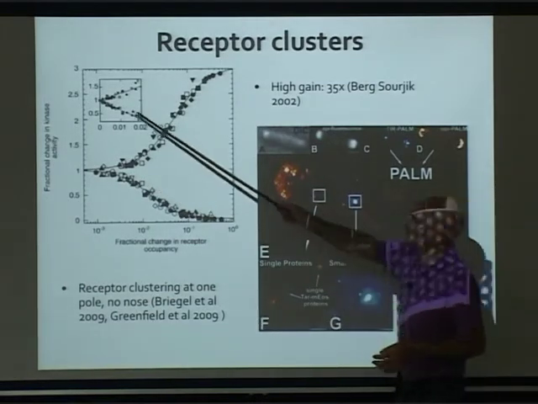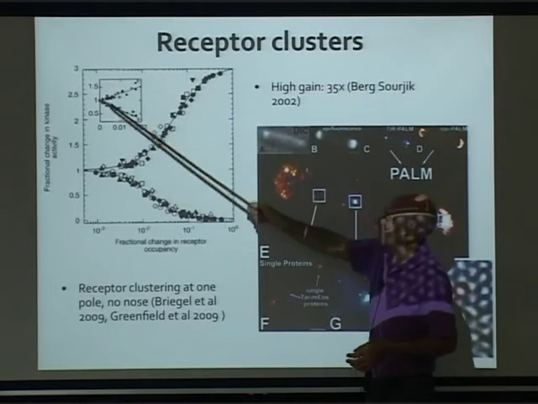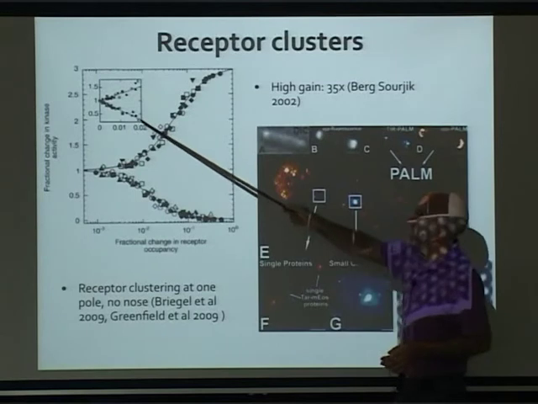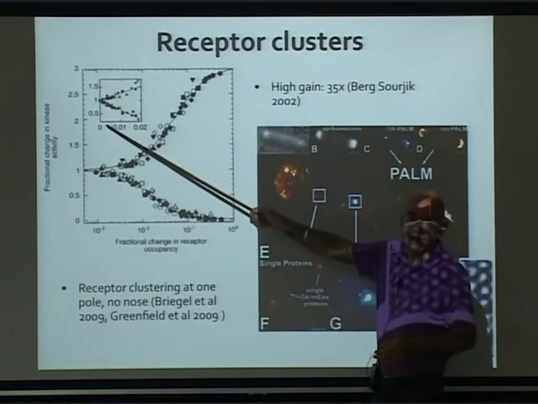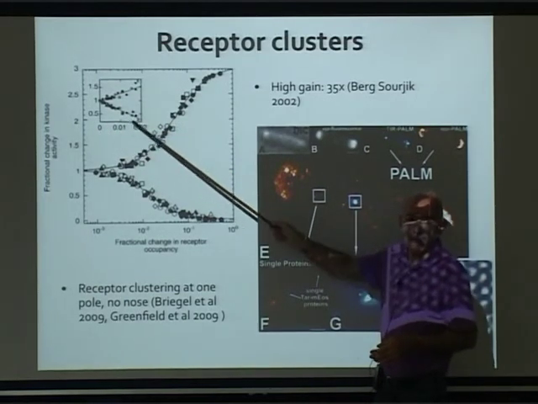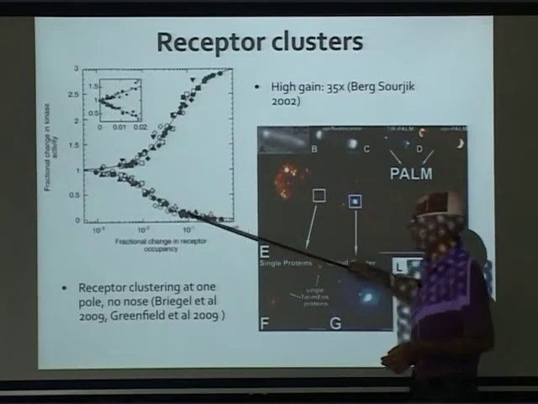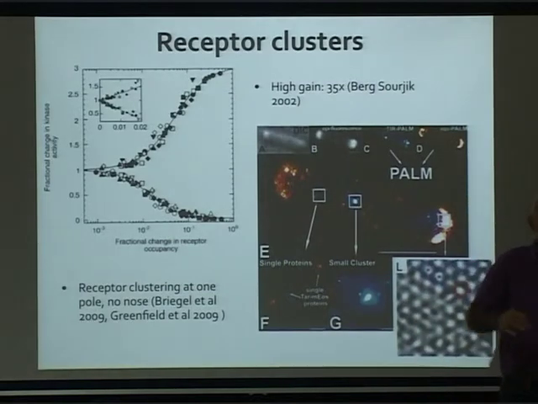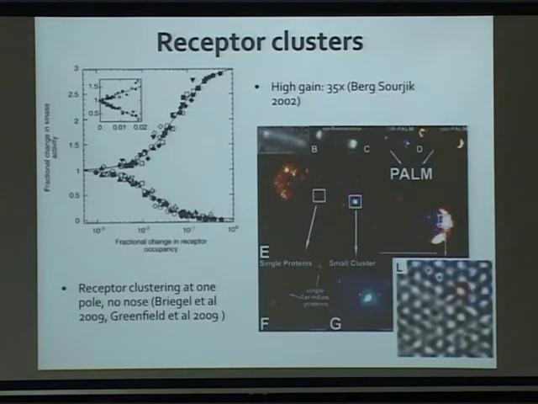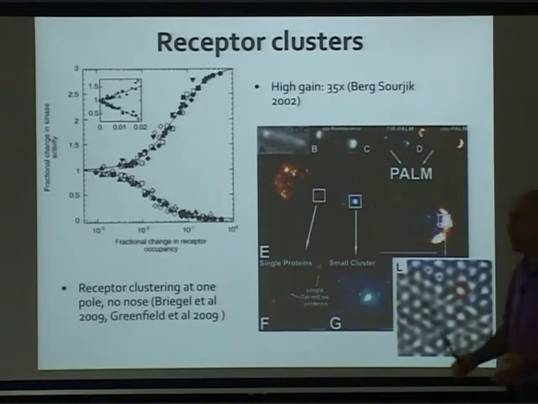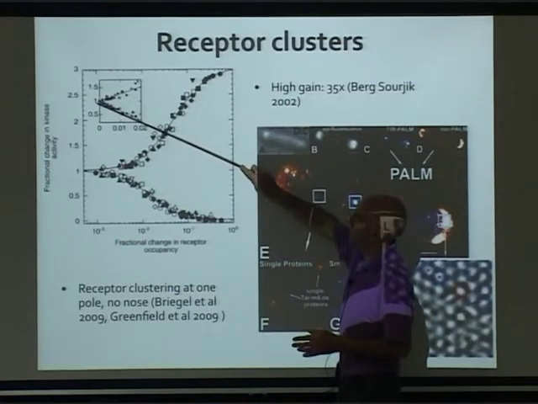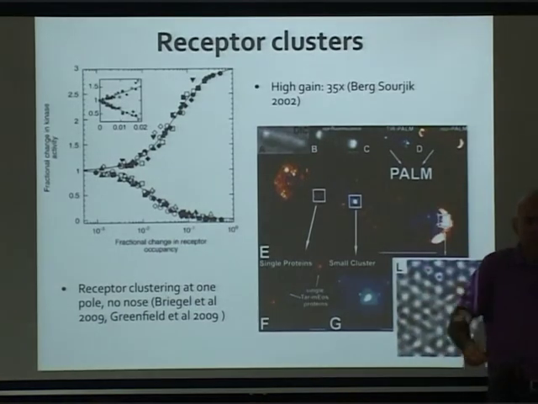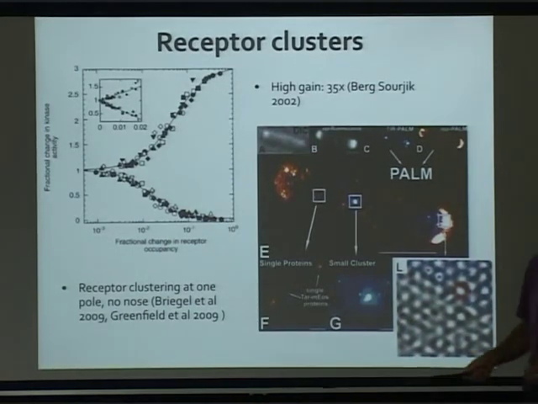And then when you plot them onto a linear scale close to zero, that's the linear regime, you see there is a proportionality between stimulus and response. So the upper curve and the lower curve are just by increasing or decreasing the stimulus, so stimuli in the positive and in the negative direction. And you see that this is linear in this range of changes of fractional occupancy, which means that there is a linear response regime.